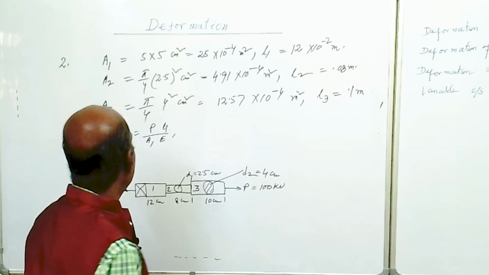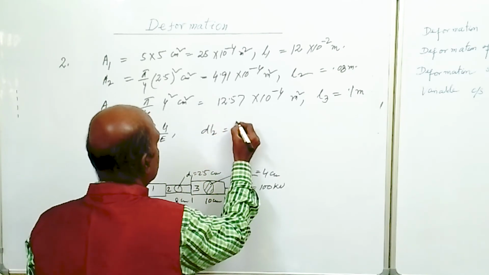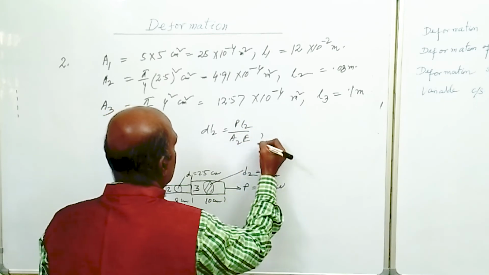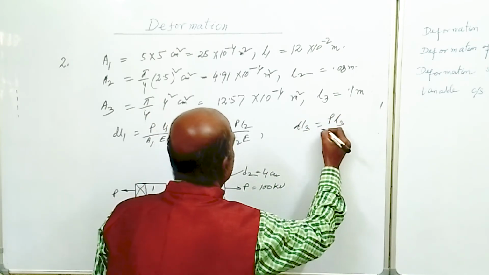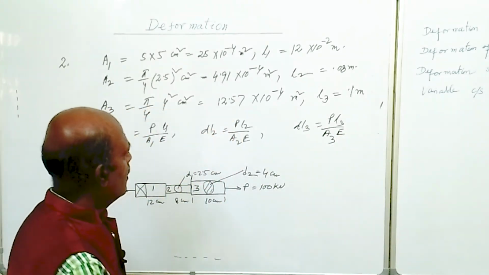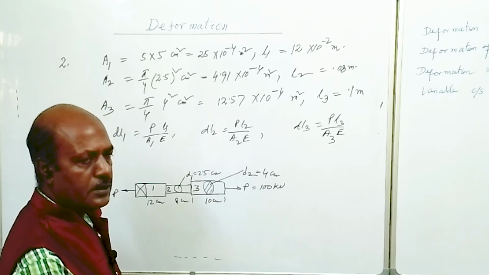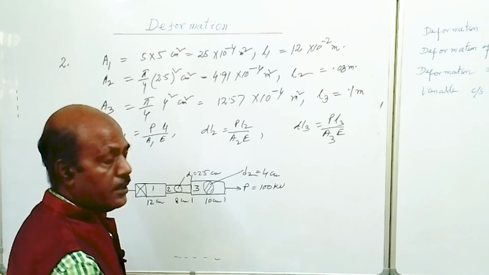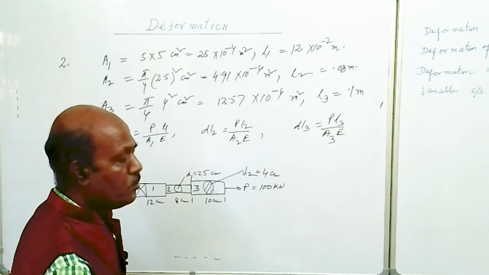So for the second part, dL2 is equal to P into L2 by A2 into E, and for the third part, dL3 is equal to P into L3 by A3 into E. So we have got L1, L2, L3, A1, A2, A3. E is given in the problem, 200 gigapascal, that is 200 into 10 to the power 9 Newton per meter square, and P throughout is the same.